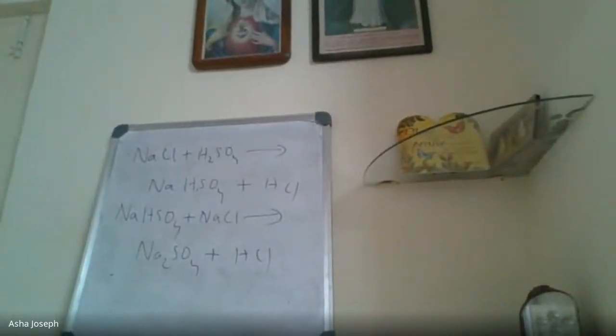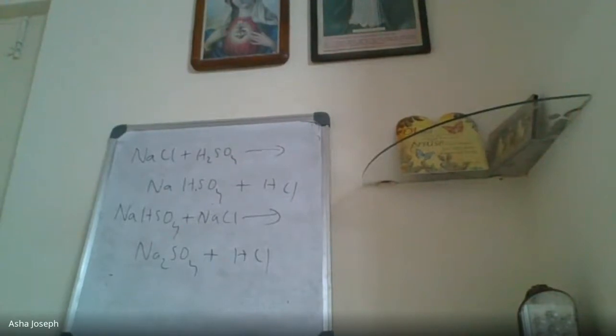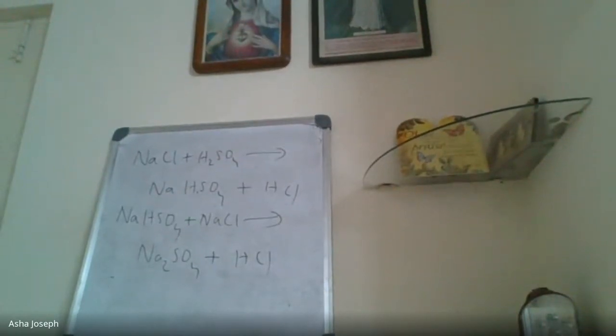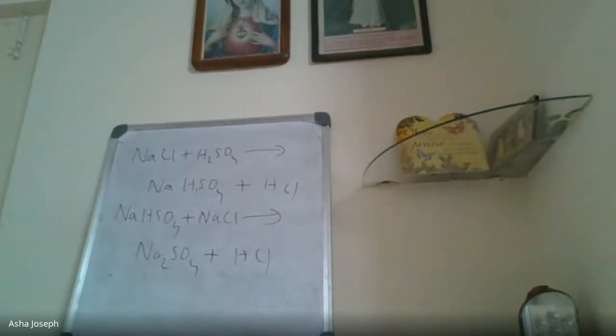So equations, easy equations only: sodium chloride, sulfuric acid, and again sodium chloride with that byproduct NaHSO4. You can get hydrochloric acid. And after doing, tell me, we'll go to the properties.